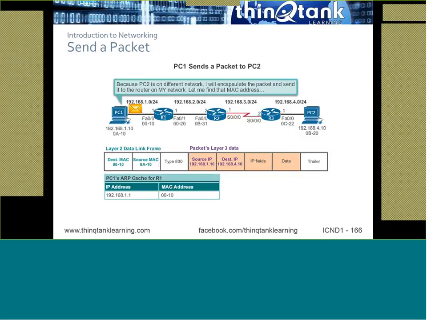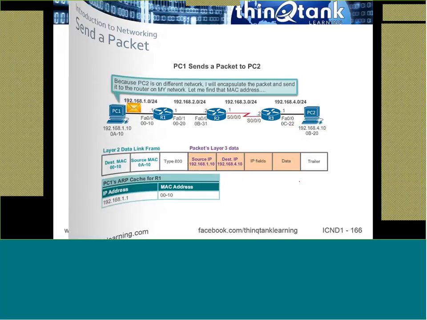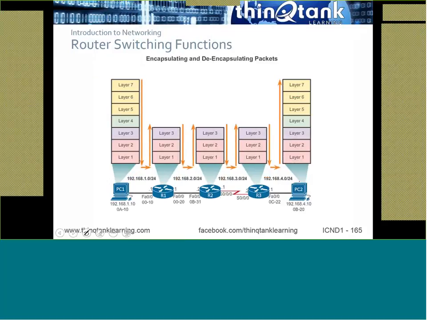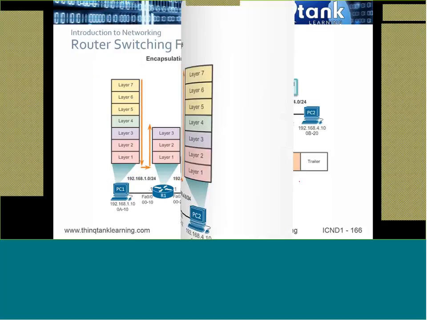If you look at the source IP address of the packet, it is 1.10, which is PC1. The destination IP of the packet is 4.10, which is PC number 2. Make sense? That's where we're going to, and that's where we're going from. Everything else above that, that's all just my data, all right? This is all just my data.